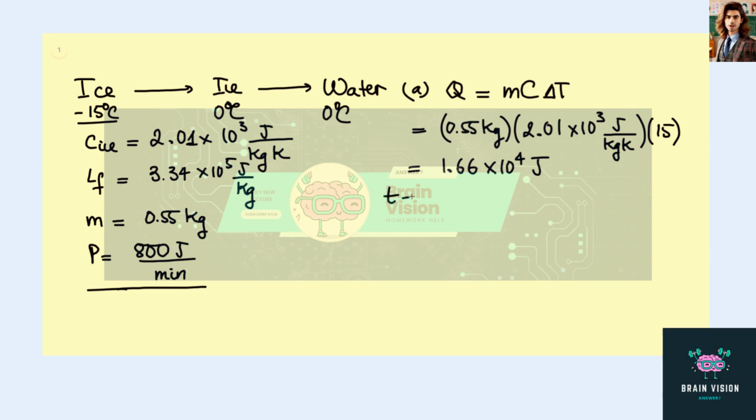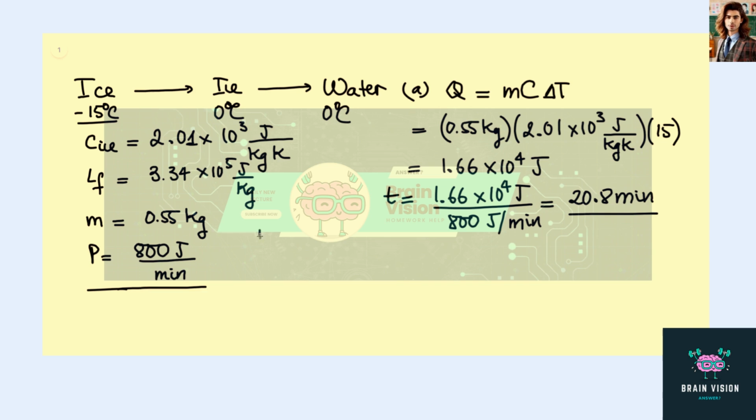So time will be 1.66 times 10 to the fourth joules divided by 800 joule per minute, and this is going to give you 20.8 minutes. So it would take roughly 21 minutes to heat this amount of ice up from negative 15 to 0.